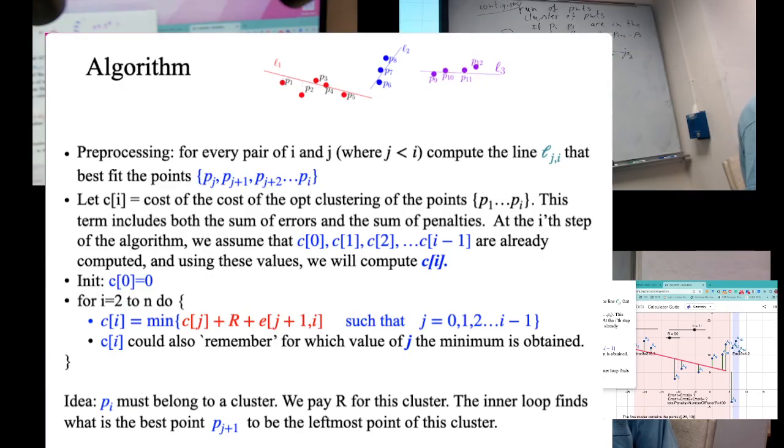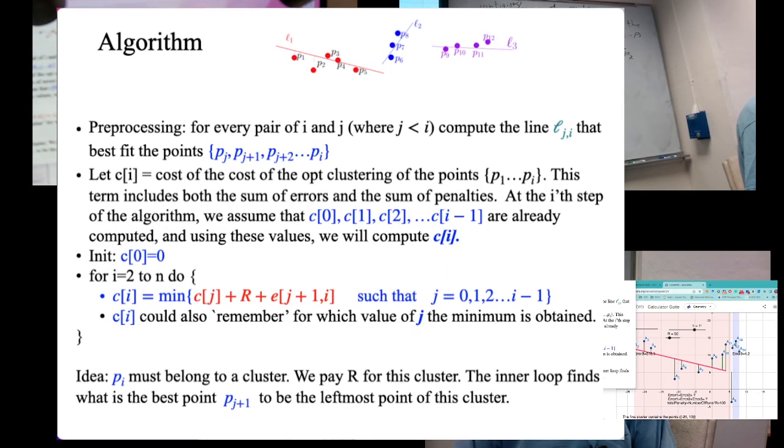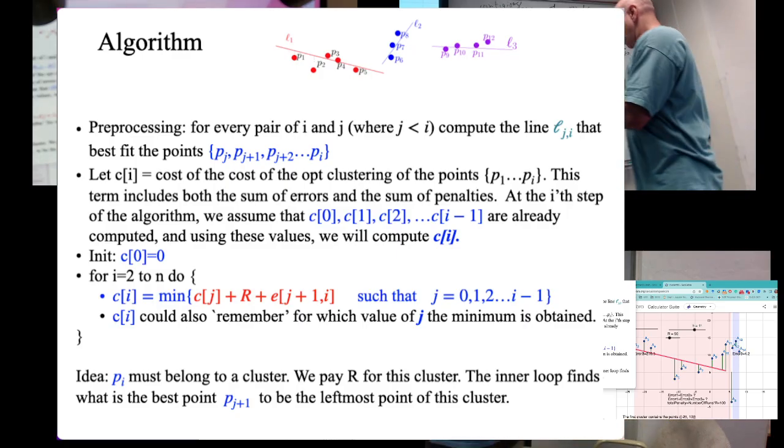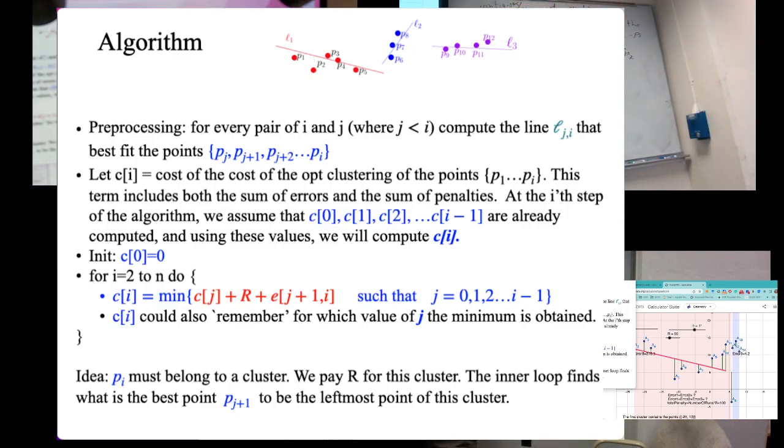So let's look at the code. For i equals 2, what is Ci? Ci says the point Pi must be in a cluster. I'm adding the point P3, and I assume that P3 must be in a cluster of itself.